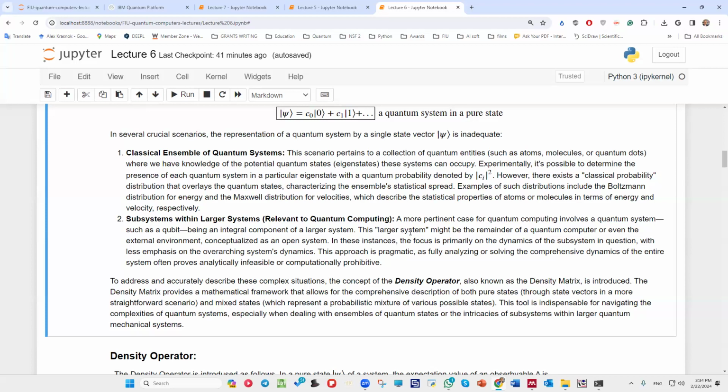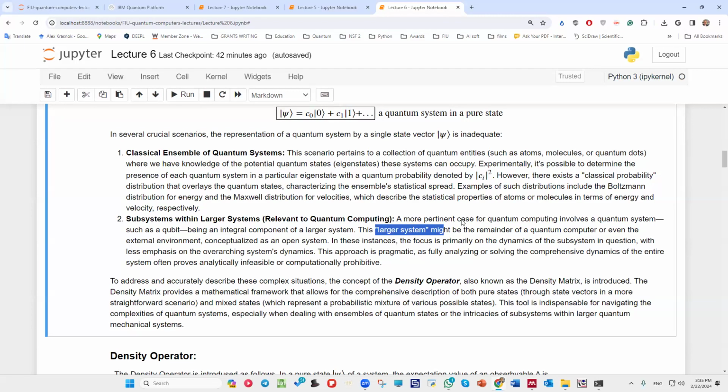In this case, we say that the quantum system is embedded in a bath, like an external bath of other maybe quantum states, but we focus on the description of this sub-state, which is a part of a larger system.